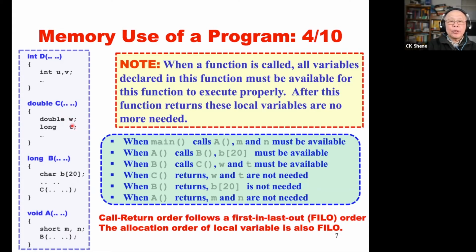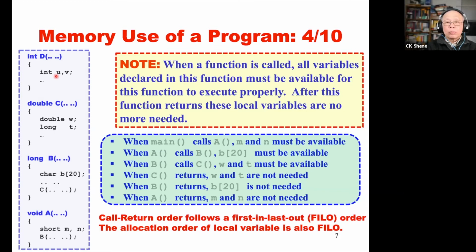And in C, it has a local variable, a double W, and a long T. And finally, function D, which is an integer function. It has two local variables, U and V. Always remember, these local variables can only be used within the function in which they are declared. Outside of that function, the local variables cannot be used.